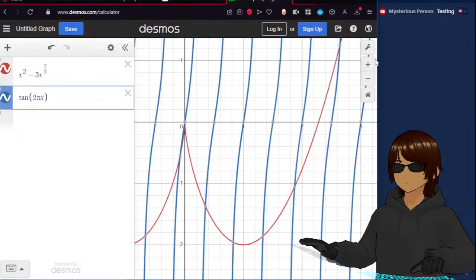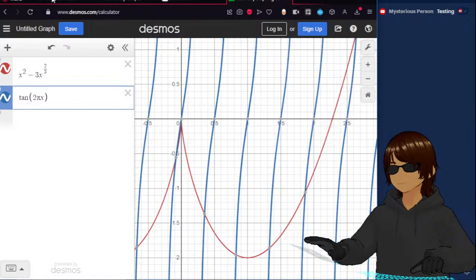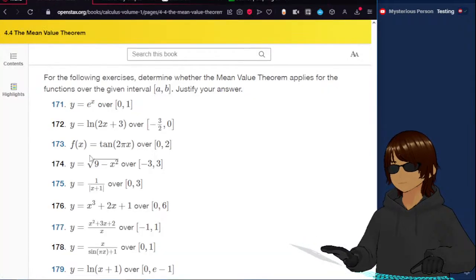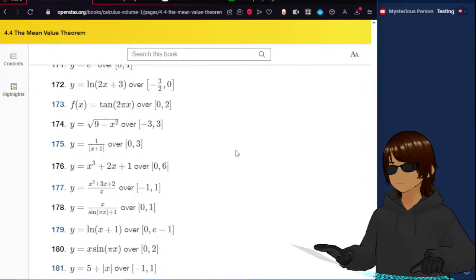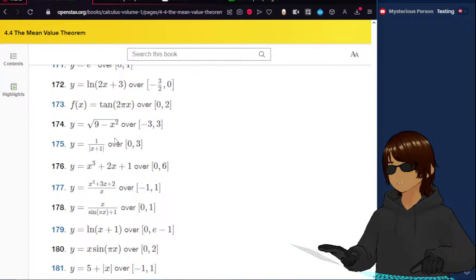No, I don't think this is true. It has to be differentiable. I think this is true.